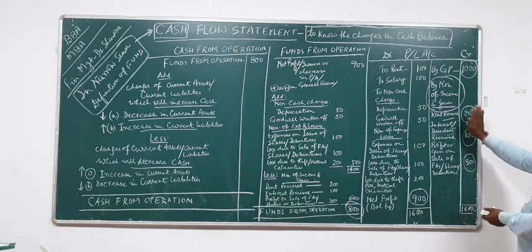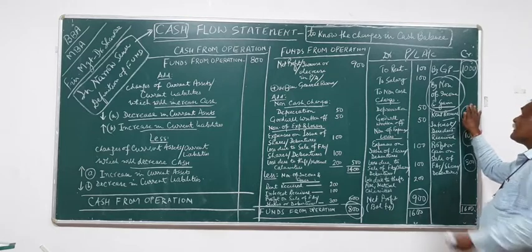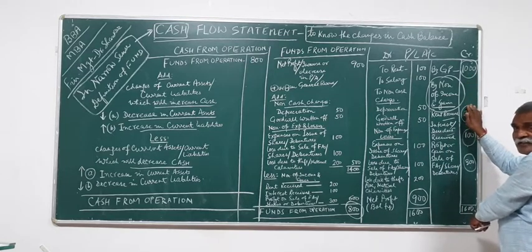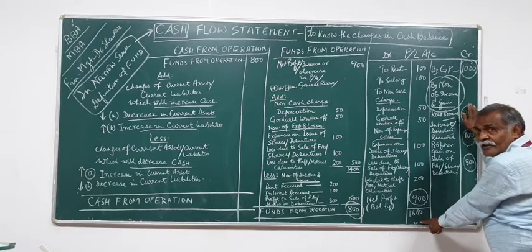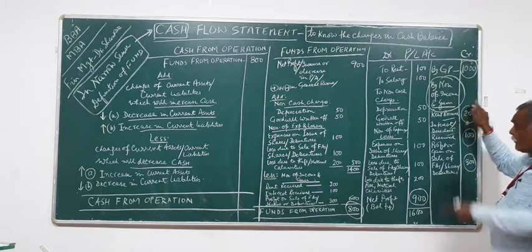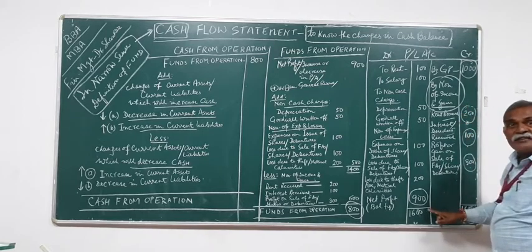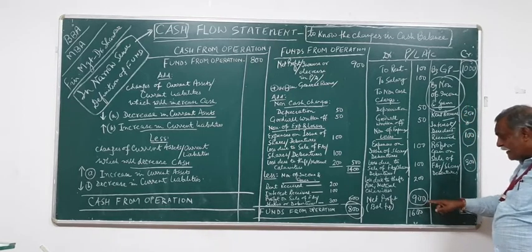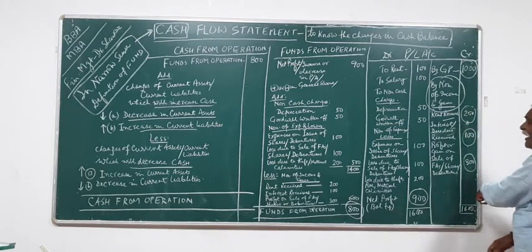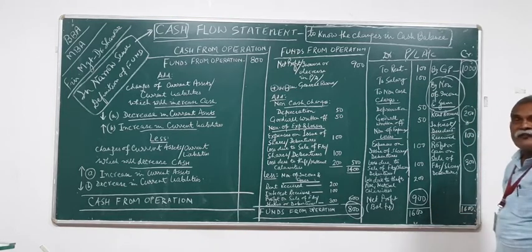If we do not have any amount here, then this is not 1600, this is 1000. And if this is 1000, this is 300. So because of this 600, this is increasing. If I deduct 600, this will become 300. It means due to this 600 non-operating income, the net profit is increasing.